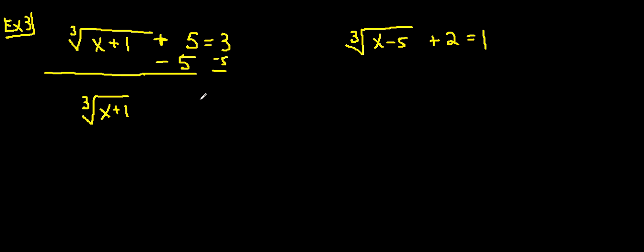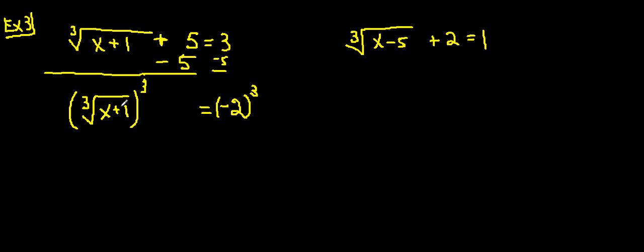My 5 is gone, it subtracts to be 0, and the right side is going to equal negative 2. Since it's a cube root, I'm going to cube both sides of the equation.